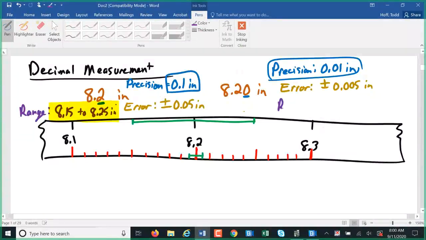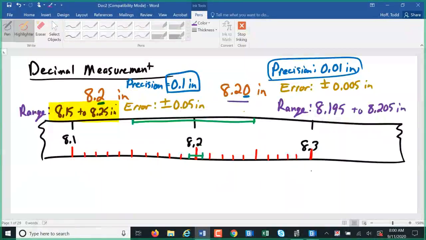We are implying a range of 8.20 minus 5/1000ths, that's 8.195, to 8.20 plus 5/1000ths, 8.205 inches. Notice that is a significantly different range, a much tighter range.